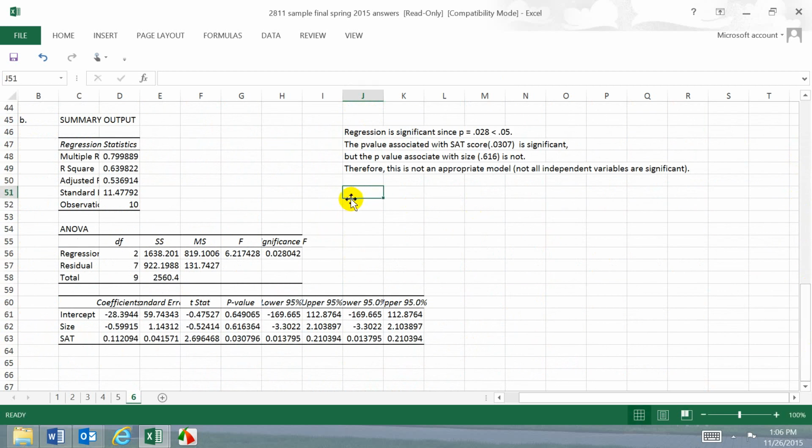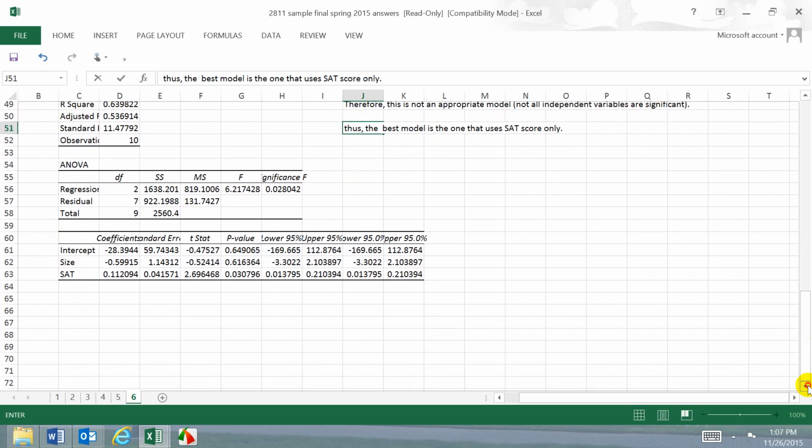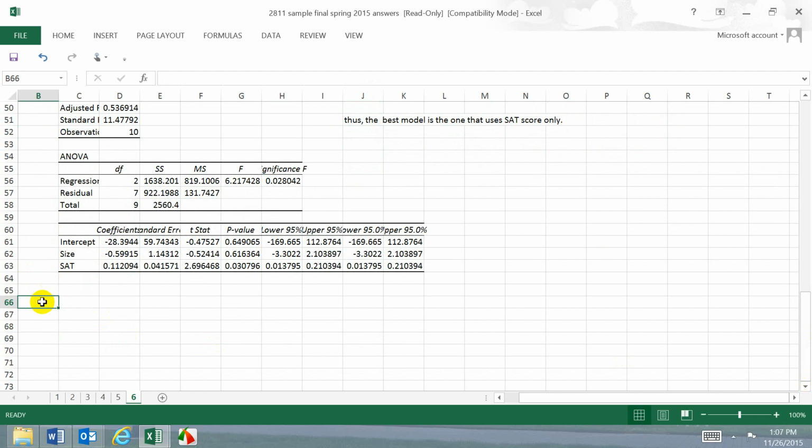It's not appropriate, and therefore the best model is the one that uses SAT score only. So this model is worse. Question C.